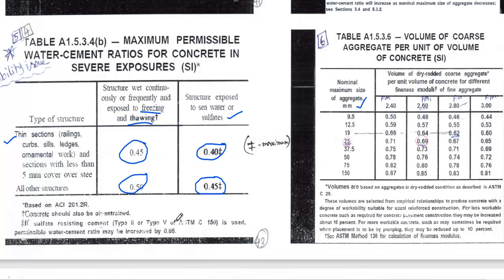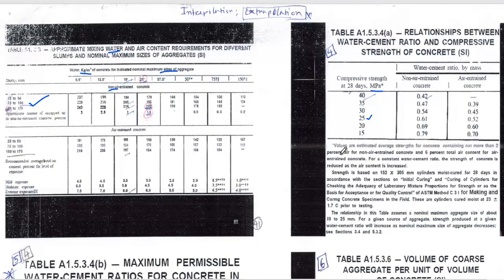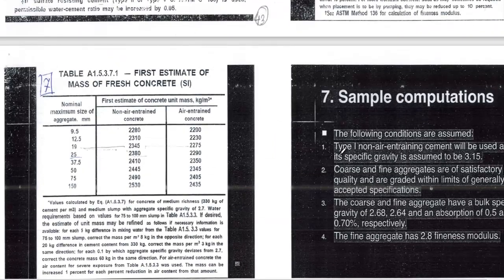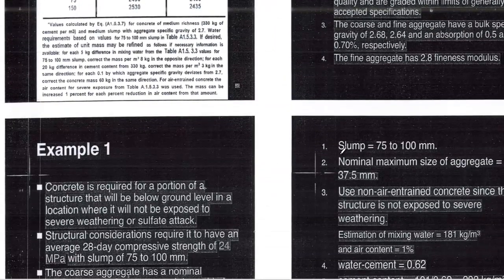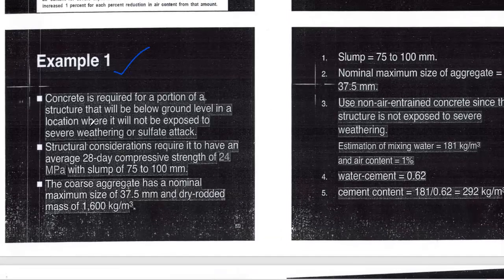Since in our country, especially Bangladesh, we don't have these freezing and thawing conditions, apart from the sea belt like Chittagong and Cox's Bazar and some other seaside areas, we don't have this seawater content as well, right? So easily we just consider this one, except in an emergency or exceptional case. If I give one example, you can look into this example. Concrete is required for a portion of a structure that will be below ground level.